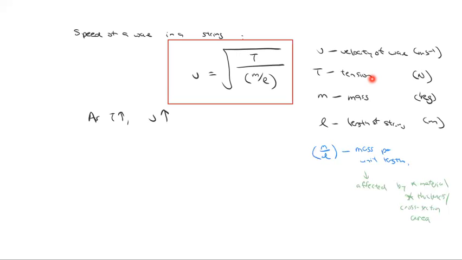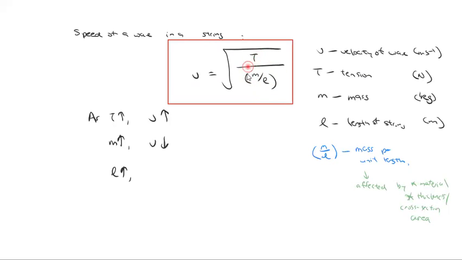Now, if nothing else changes, as M goes up, that means M over L goes up, which means the denominator goes up, which means the thing inside the square root goes down, which means velocity goes down. Now, if I increase the length, again, the denominator goes down. If the denominator goes down, that means this thing goes up.